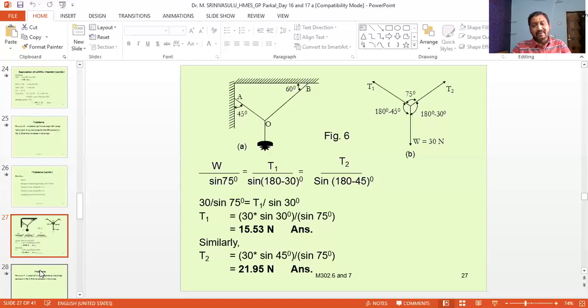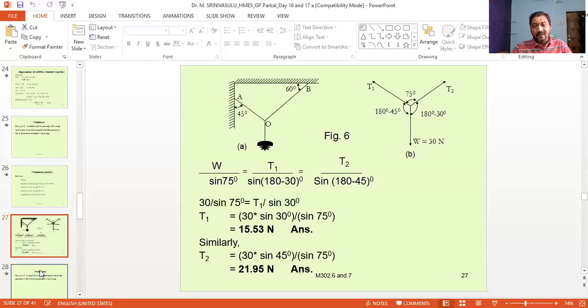Hence we can apply Lami's theorem. From the force diagram, W by sin 75, that is, W by the sine of the angle between the other two forces.